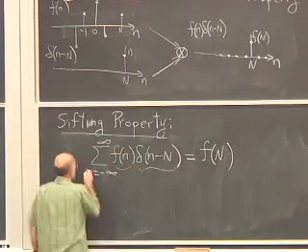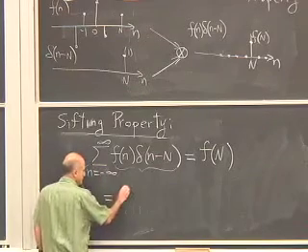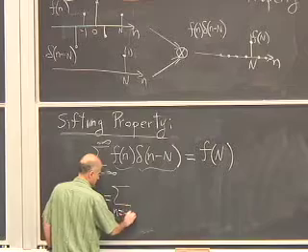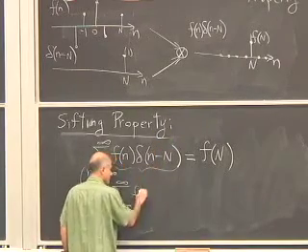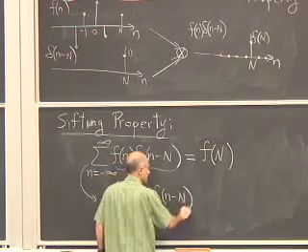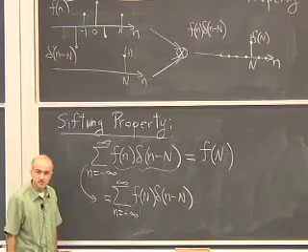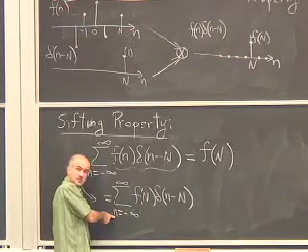If you want to get a little more serious, you can say this is equal to the summation. This product, we said, was f of N, f of capital N, delta of n minus capital N. Right? F of capital N is a number. It has no small n dependence.